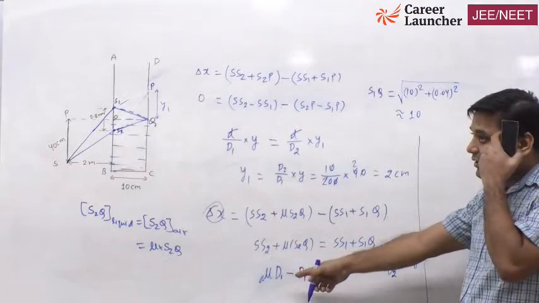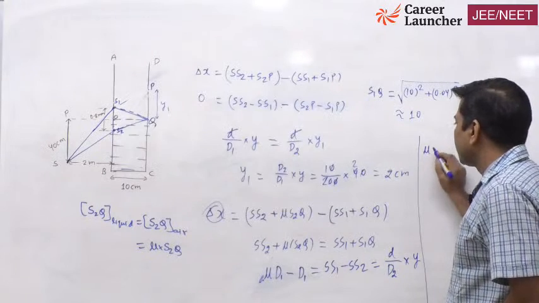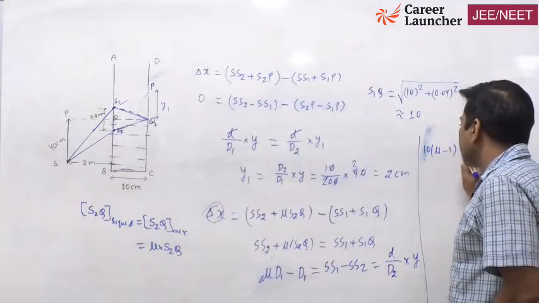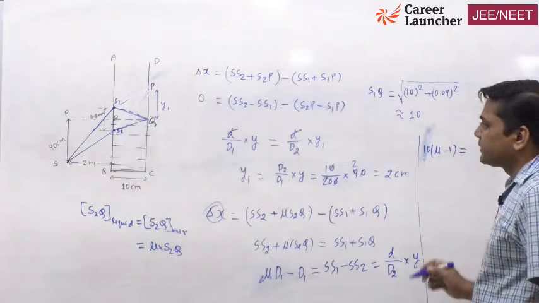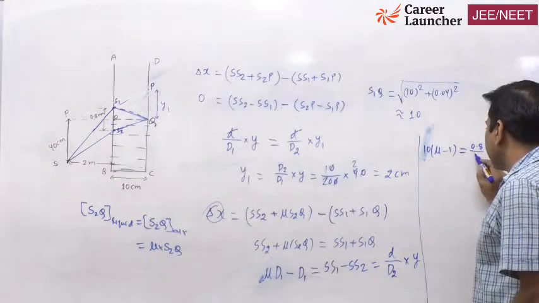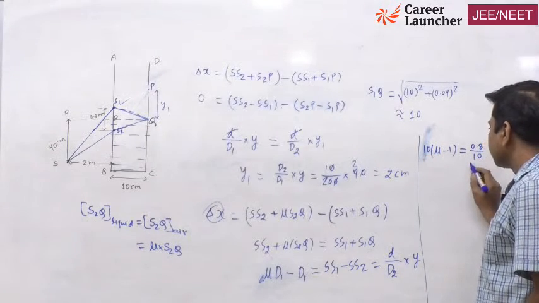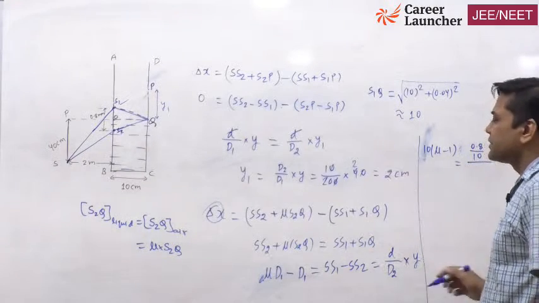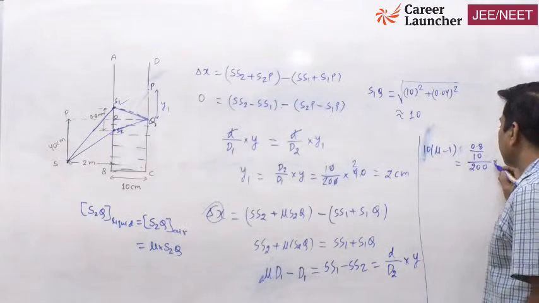D1 you know the value of that, 10. 10 I am taking common. 10 centimeter into mu minus 1, equal to small d, which is 0.8 by 10, because this is in centimeters, so I am keeping this as centimeter, by D2, which is in meter, 200 into Y is 40.